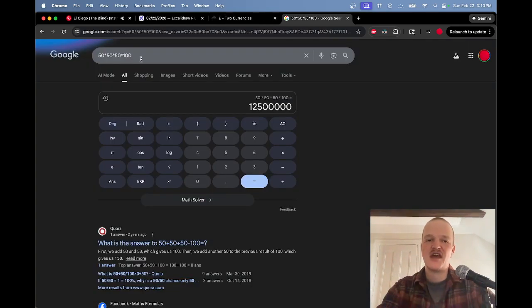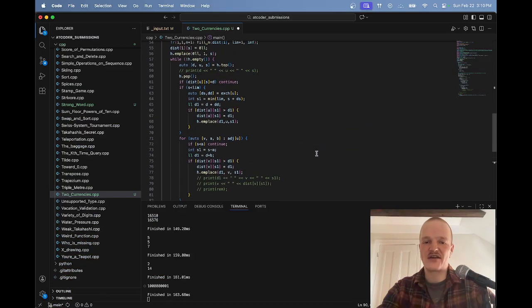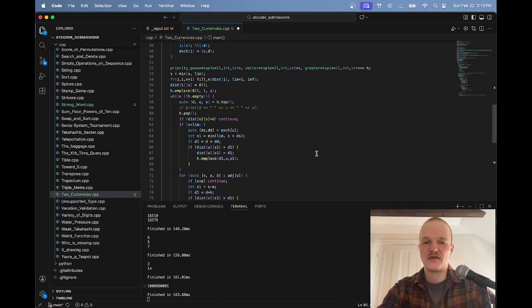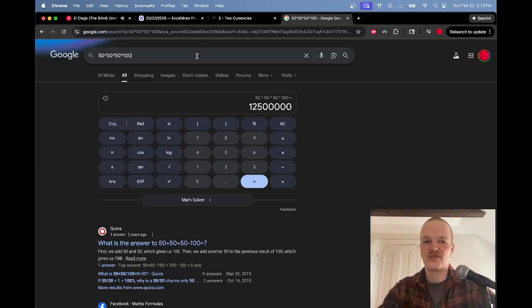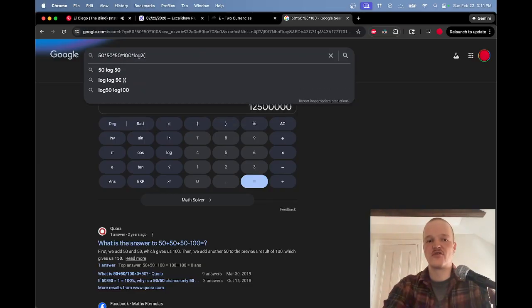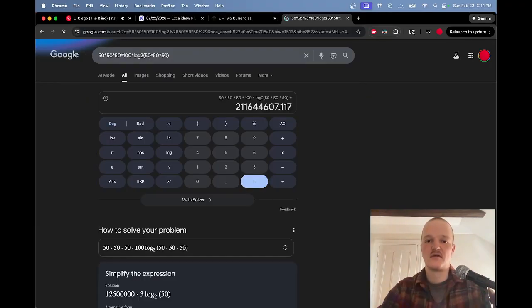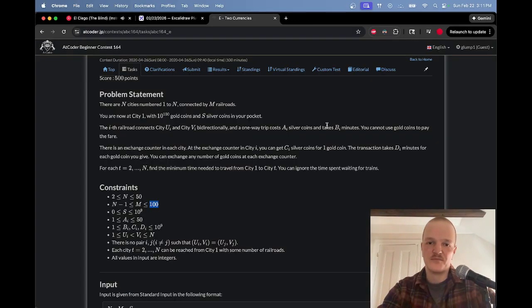Looks good. And then I guess there's this theoretical extra log right here, for the heap's in-place operations. So we also have times log 2 of 50 times 50 times 50. So it's getting up there, but 2E8 should still be fine.